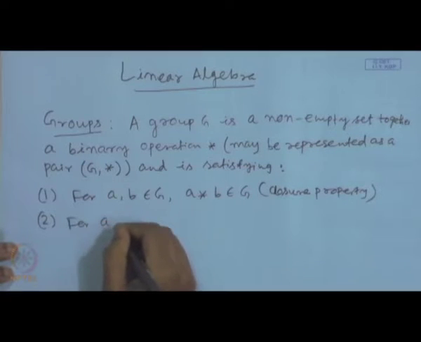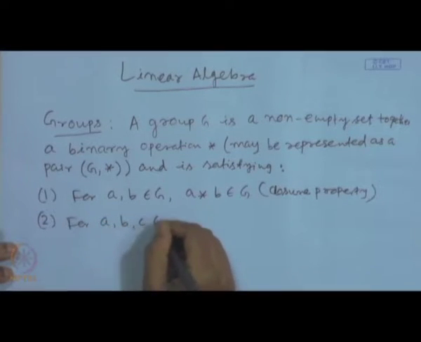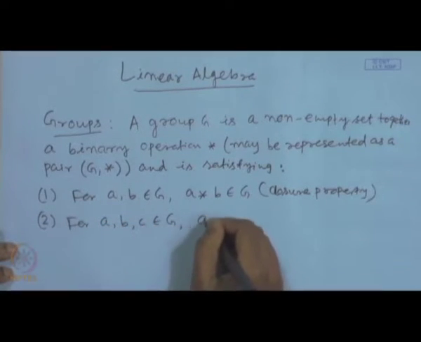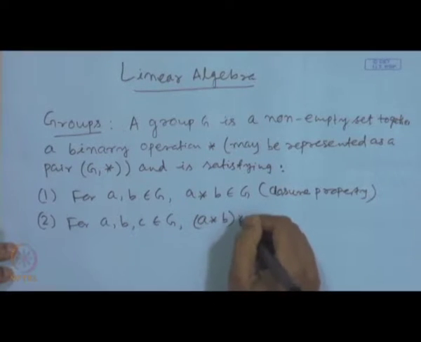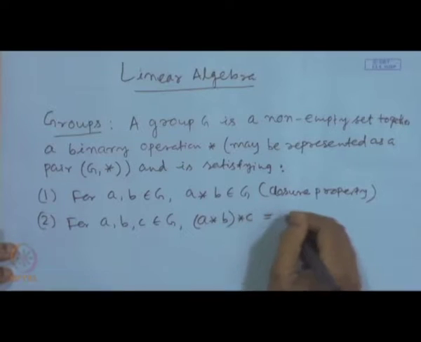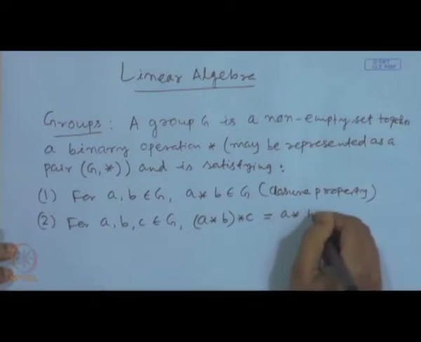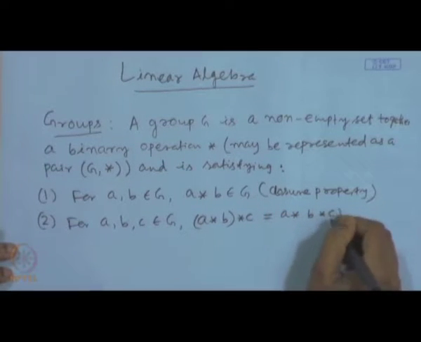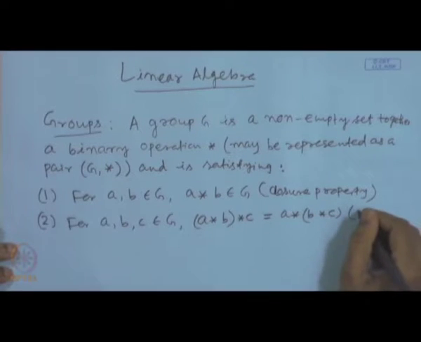For any three elements A, B, C in G, (A star B) star C is equal to A star (B star C). This is called associative.